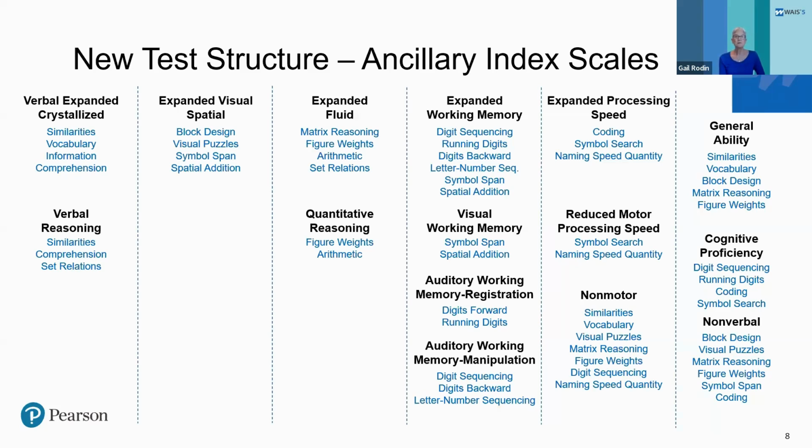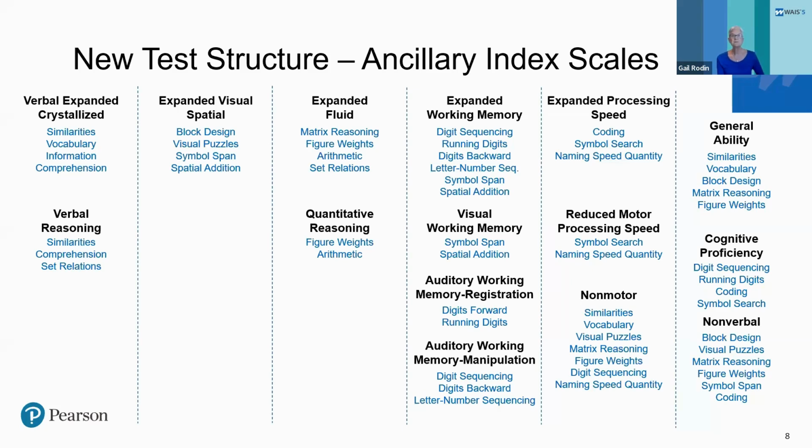One looks solely at registration, the ability to hold information in mind, and the other, auditory working memory manipulation, is looking at the ability to transform that information in some way, resequence it, or work on it in another way. So we can really get a good idea of what is and isn't working in the working memory area.